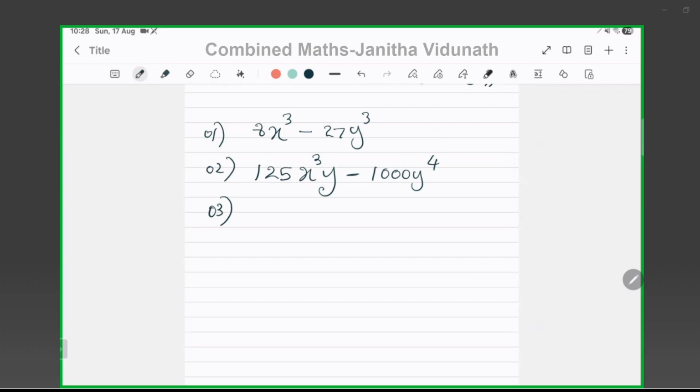The third question is 27x cubed minus 216b cubed. I will give 3 minutes to do this, and send me the answers on WhatsApp.